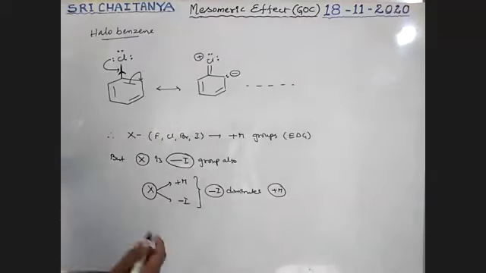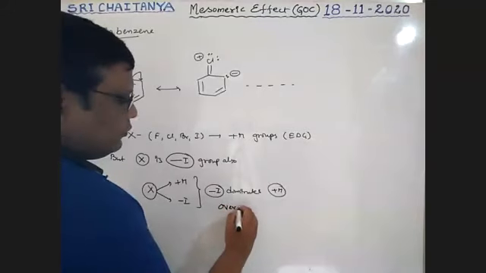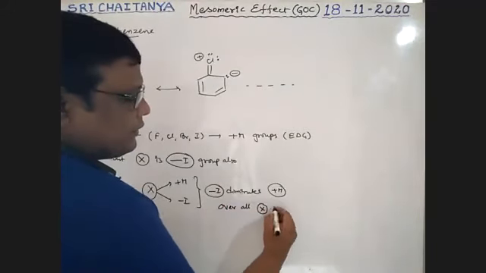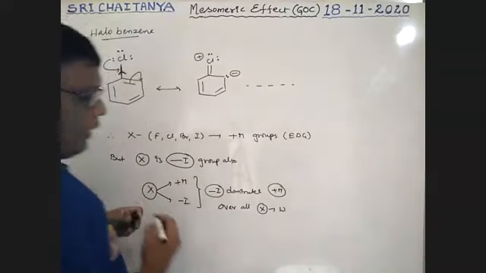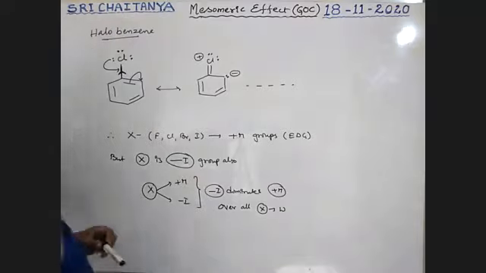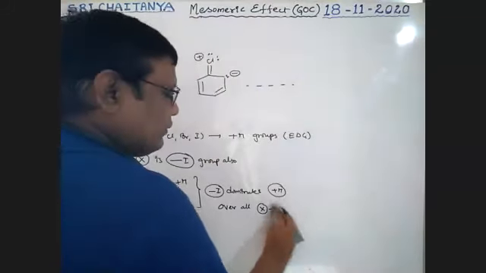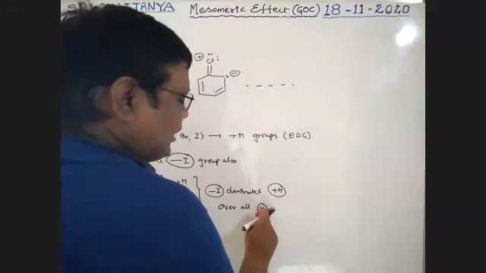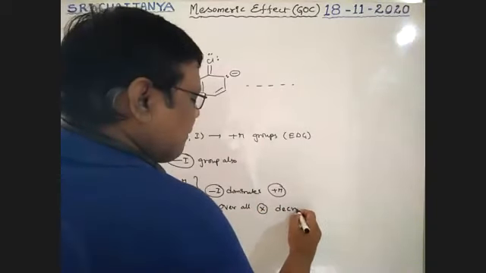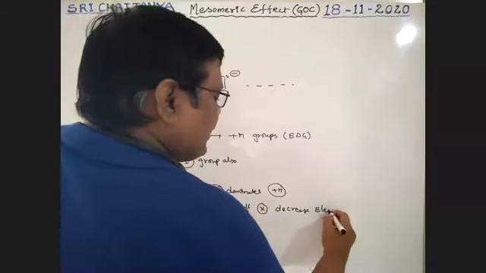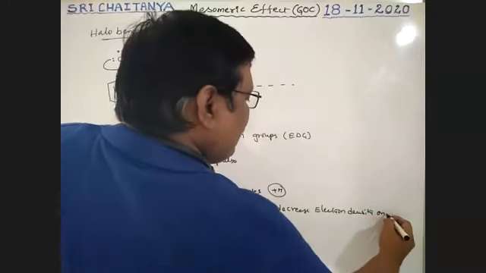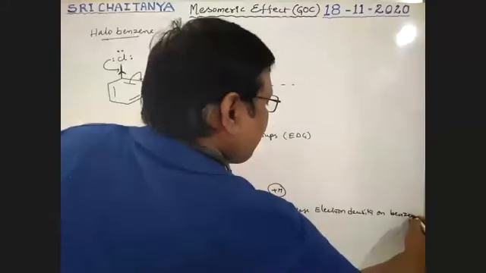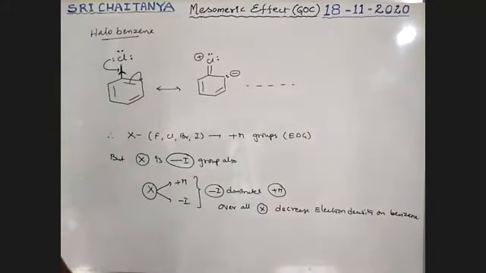Because of that, overall, halogen decreases electron density on benzene. Overall, halogen decreases electron density on benzene.